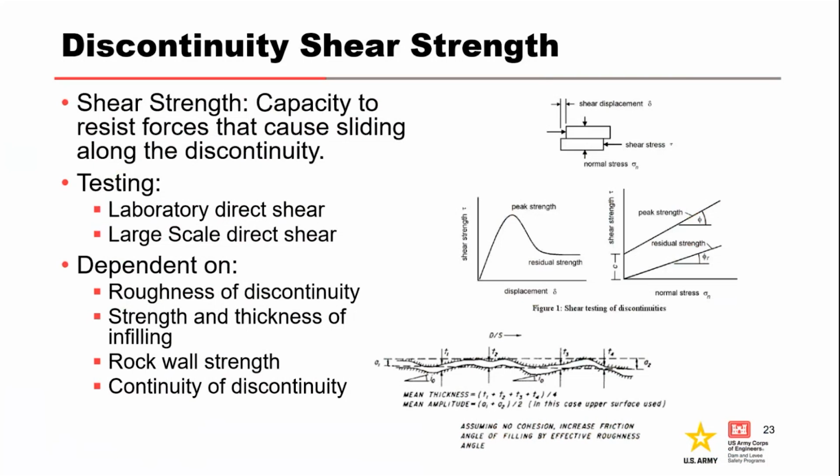The shear strength can be estimated through laboratory testing and is dependent on the roughness of the discontinuity and the thickness of infilling within that discontinuity, the strength of the rock at the contact, and the continuity of this discontinuity. So if the fracture doesn't propagate all the way through, that will increase that strength.